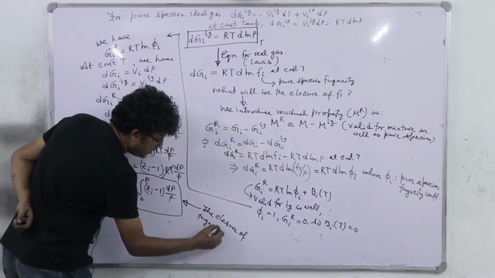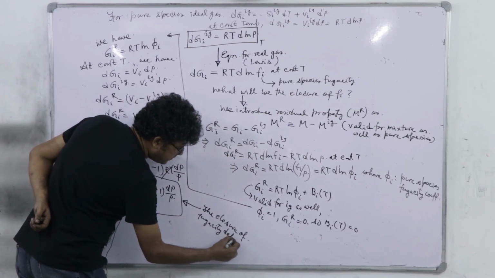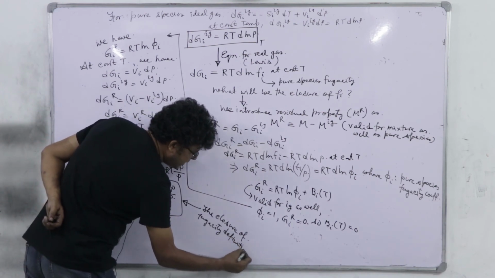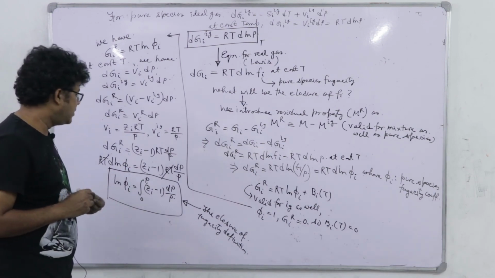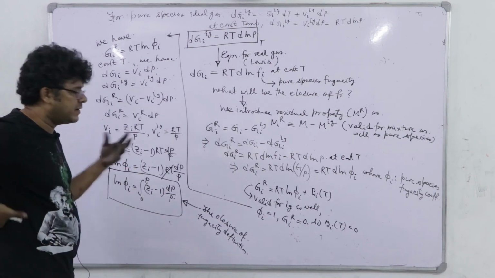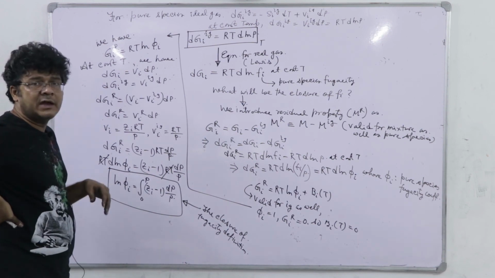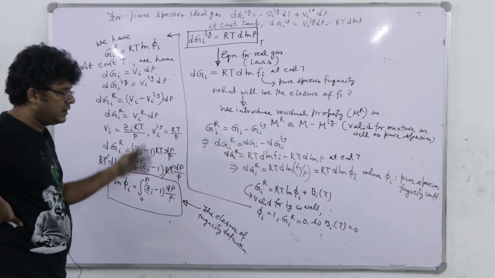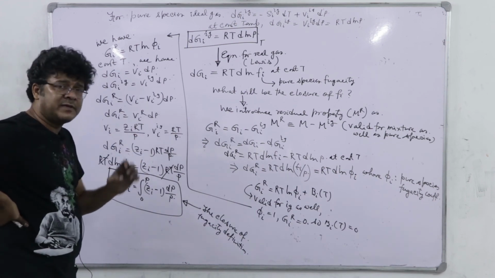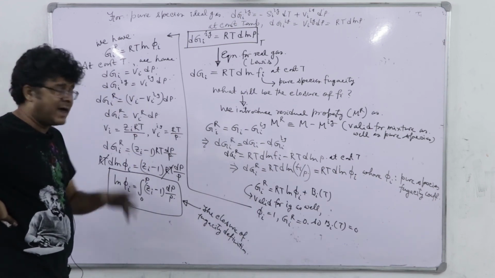fugacity definition, because Zi is a well documented quantity or parameter. We know how it depends on pressure and temperature. Now, if I want to calculate the fugacity at a specific temperature and pressure, I will see how Zi varies with pressure at that temperature.